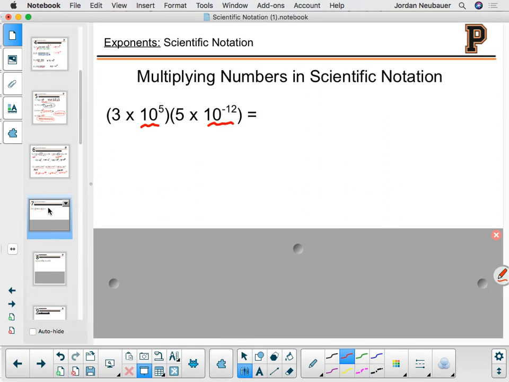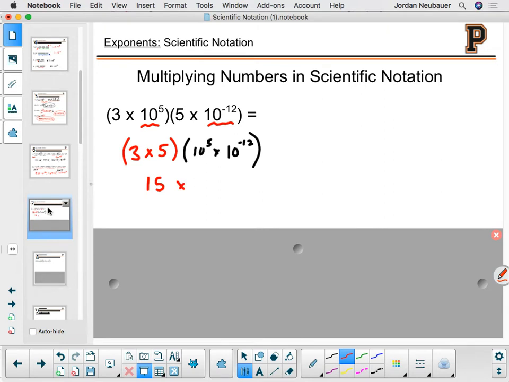So basically, when we're multiplying numbers, we can group the base numbers together and do those first. We got 3 times 5, and we'll group those together. We then have our 10s raised to the 5th power and 10 raised to the negative 12th power. So it helps us to multiply these numbers in this manner because 3 times 5 is easy enough. That's 15.